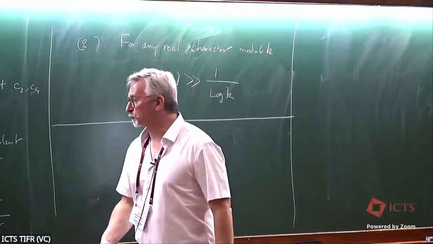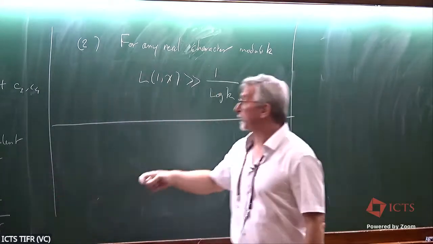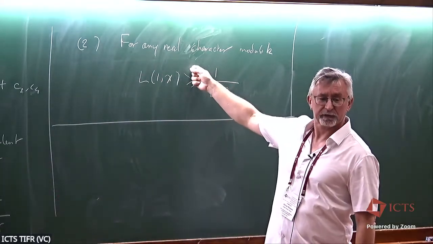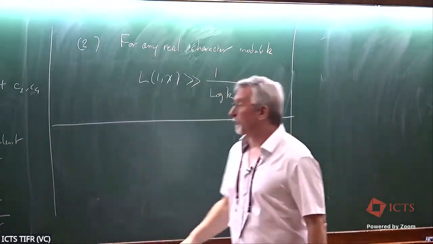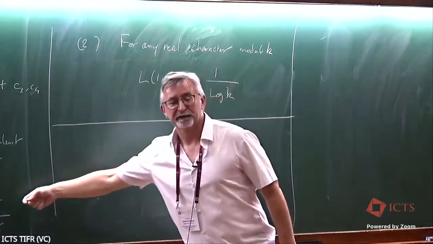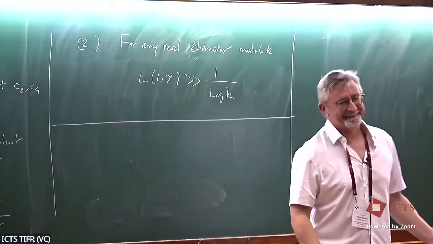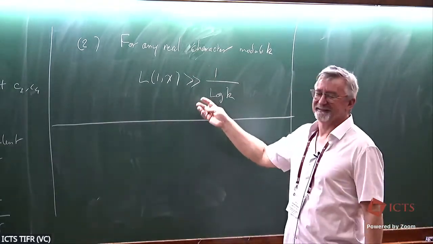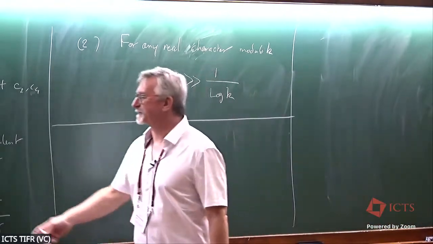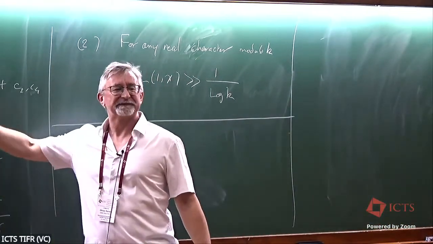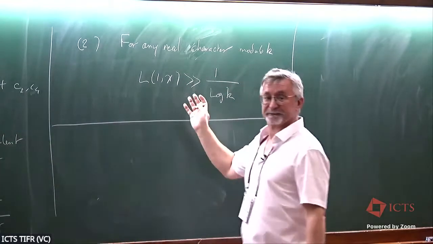Tomorrow I'm going to prove that this one implies that one, because that's the one I'm interested in. You can prove that this one implies that one, but that's not the aim of the game. The aim of the game here is to try to develop sieve methods so that we can prove this one.